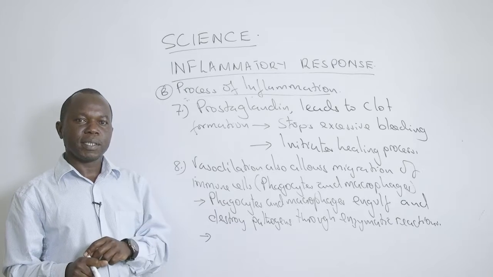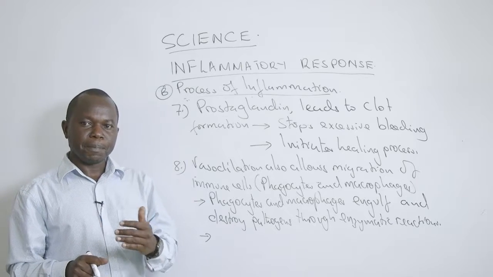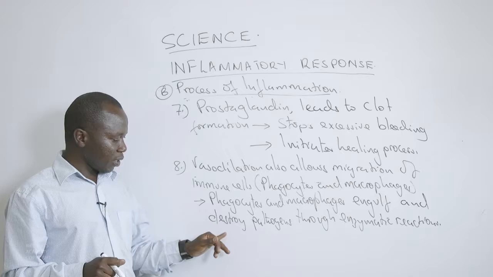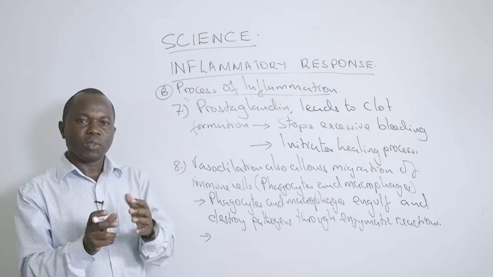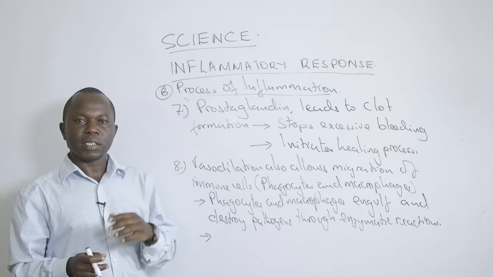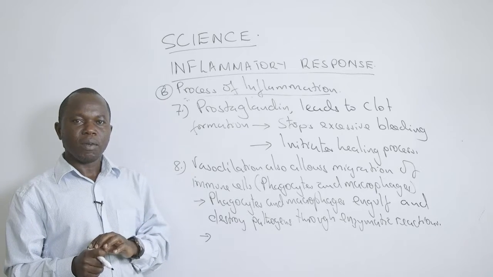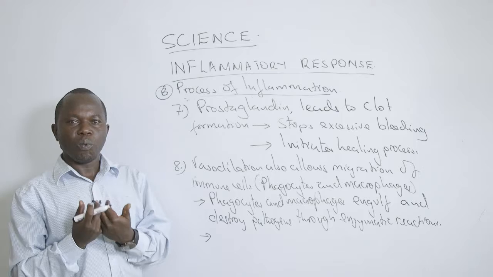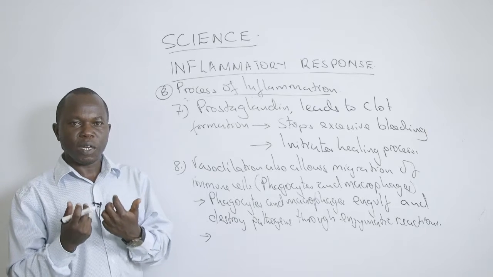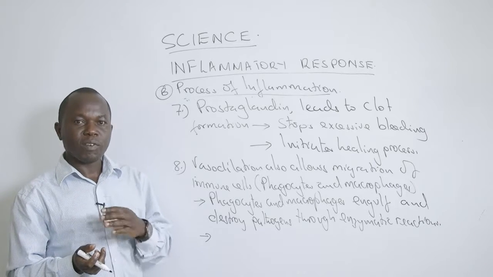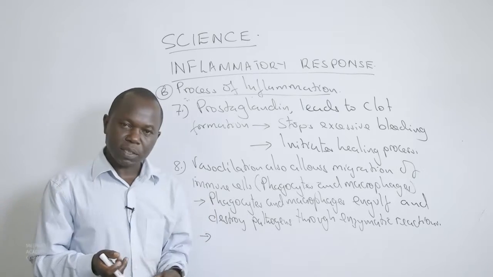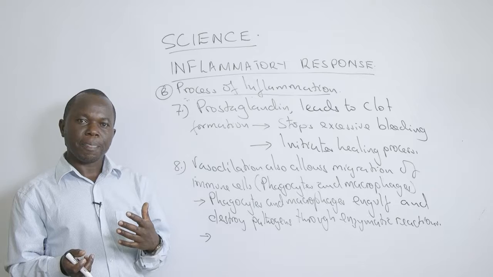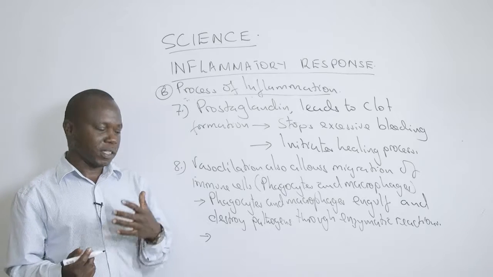And since the hypothalamus is meant for temperature regulation, the effect is that temperature of the tissue or of the body is going to increase. That is why when you are infected with a pathogen or you are suffering from a disease, one of the most common symptoms is increase in temperature. Sometimes it's referred to as fever.